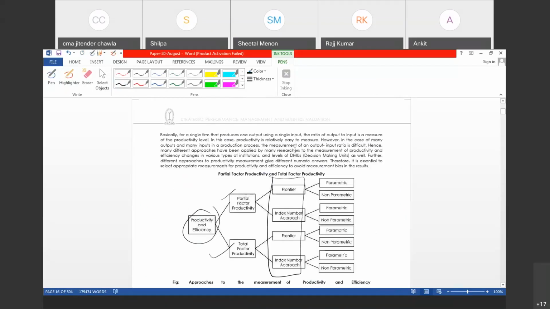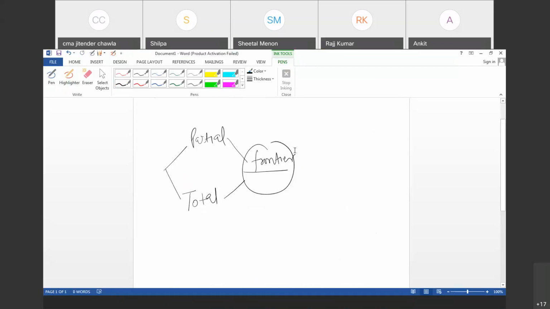Have you observed this? Both have the frontier approach and the index number approach. Frontier and index, and again, both are parametric and non-parametric.